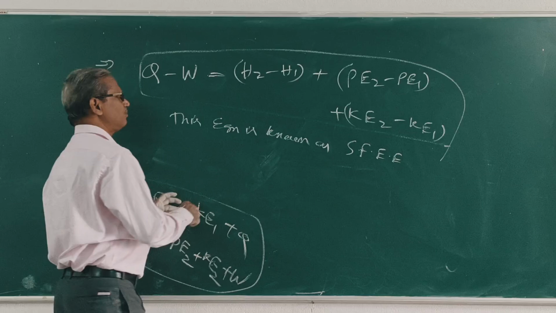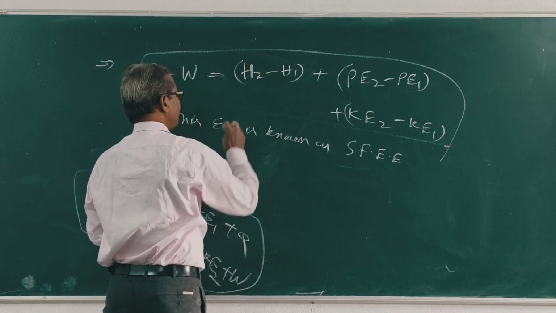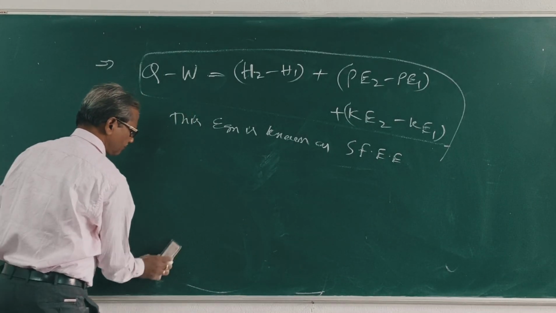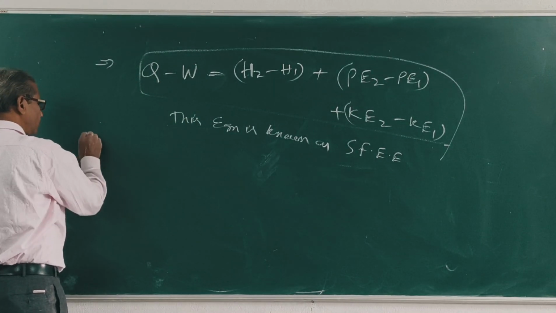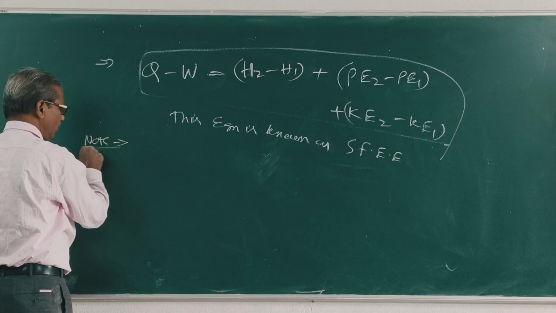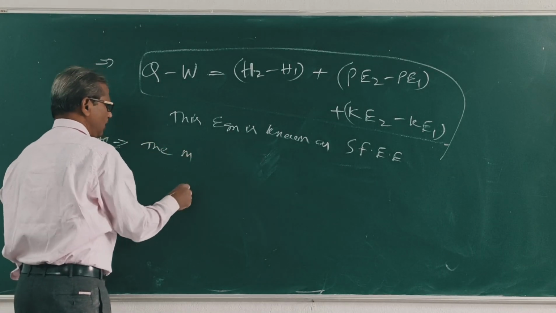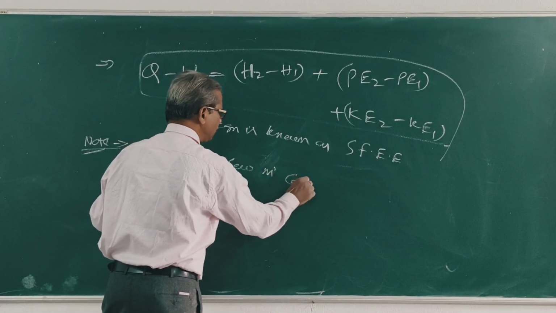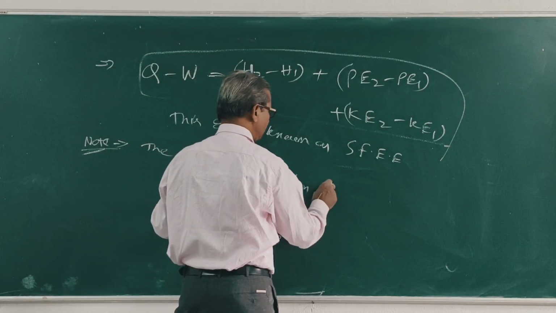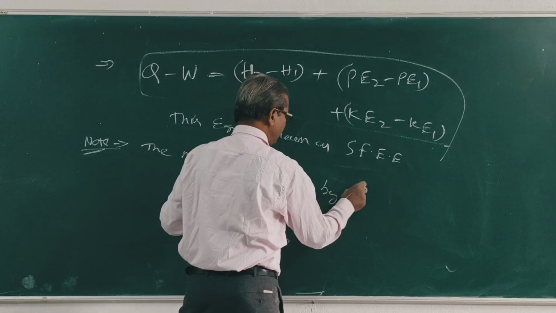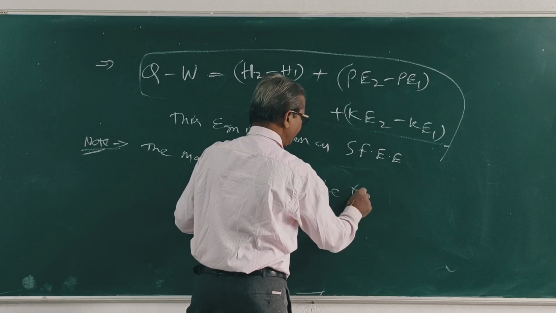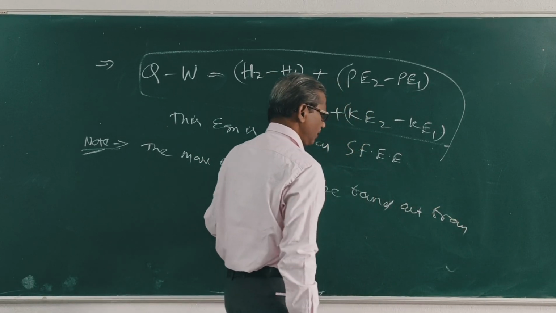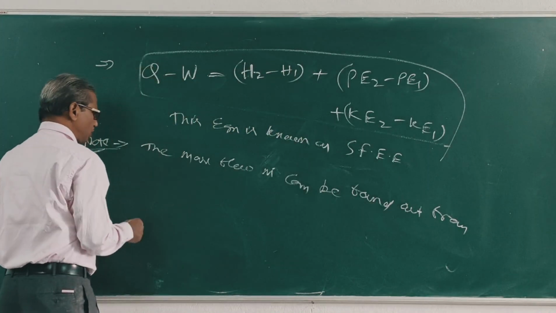So the mass M or mass flow rate M dot, can be found out from equation of continuity.